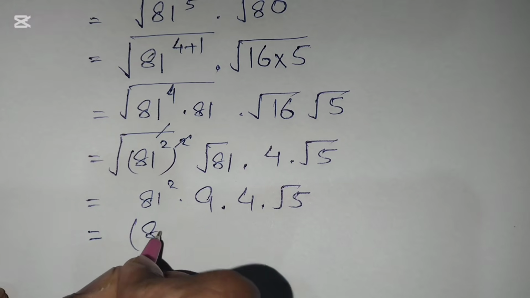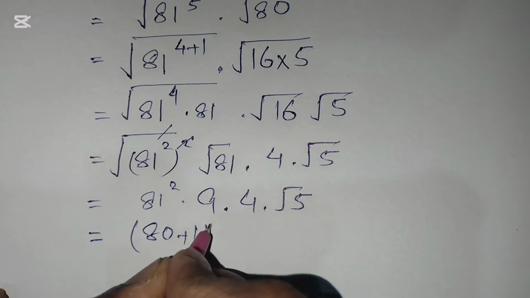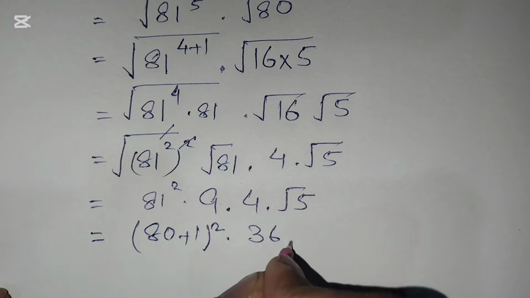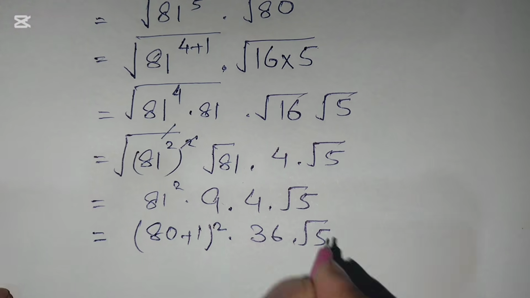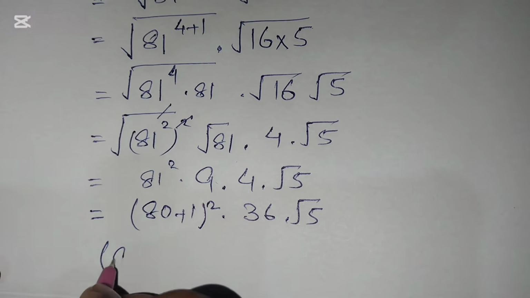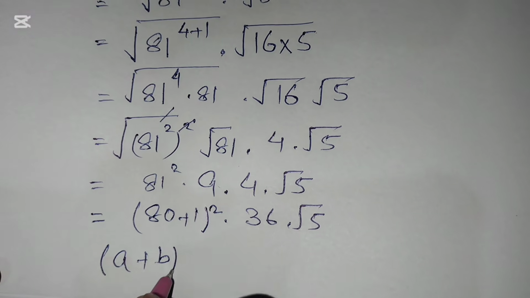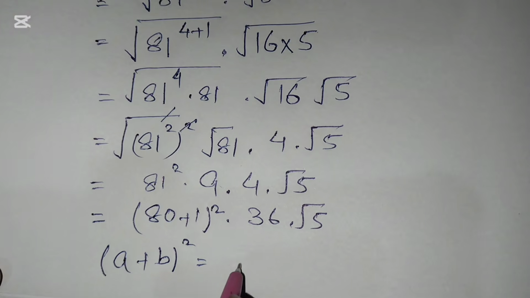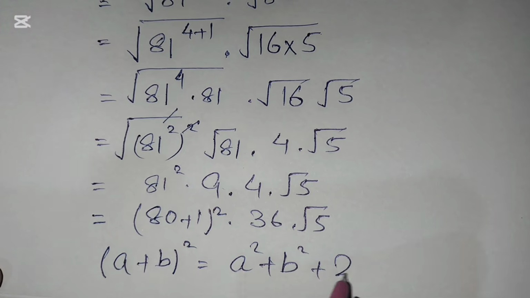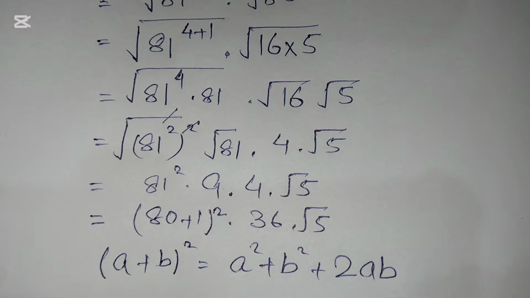81 can be written as 80 plus 1 whole square. 9 into 4 is 36, times square root of 5. We know that a plus b whole square can be written as a square plus b square plus 2ab.